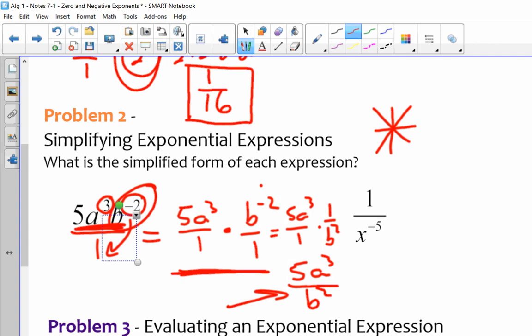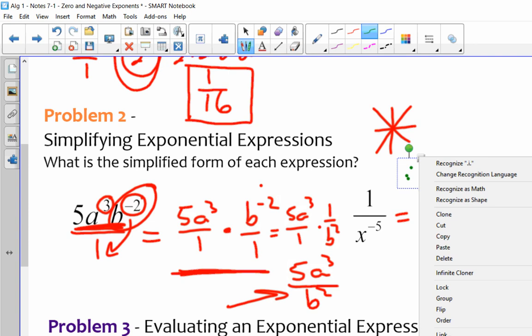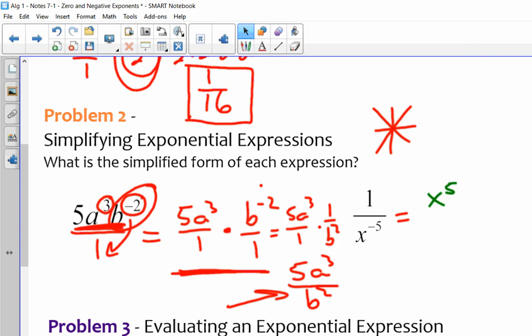So here on this one, kind of a cool problem because you got to be able to do this. It's negative, it can't be negative, and the rule said to switch it or flip it. So if I flip this, I'm really going to get this, and when I flip it, it magically changes the exponent to positive, okay?